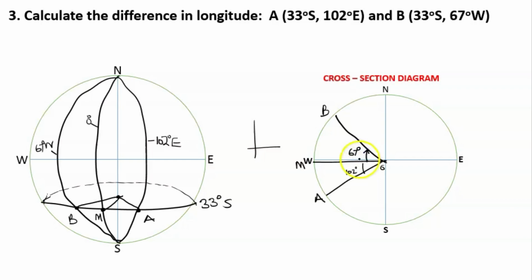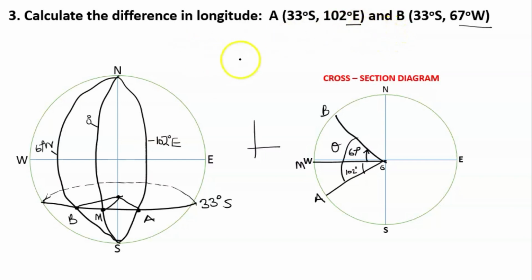Okay, so that's it. The angular difference, which is the longitude difference, will now be the total. If I include both together, that would be the angle difference. But now how do I get that theta? I have my 102 east and another 67 west. They are actually not the same.